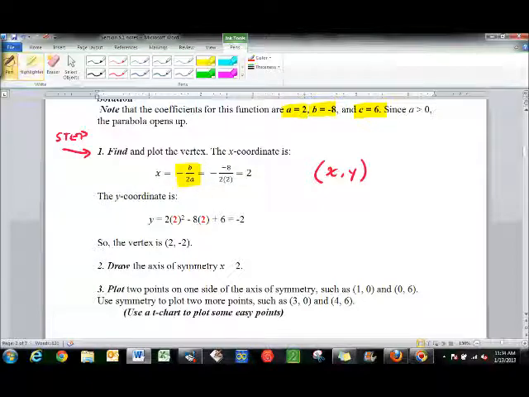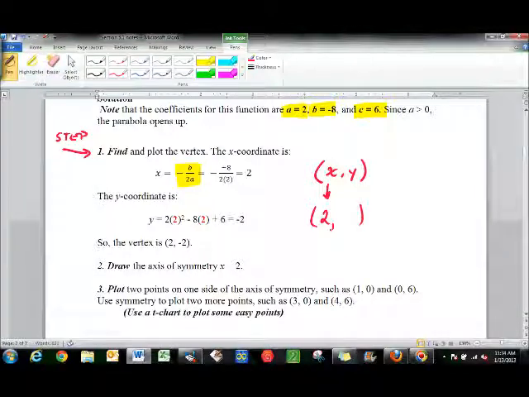negative b over 2a. At this point, all we need to do is to evaluate this little function. We take the a, the b, the c. In this case, we only need the a and the b for the vertex, and we plug it into negative b over 2a, which gives us an x value of 2.